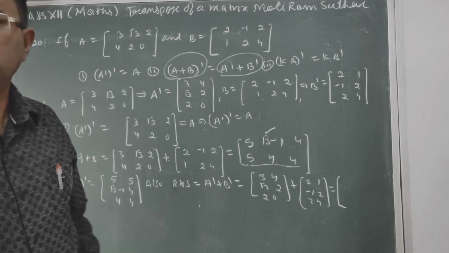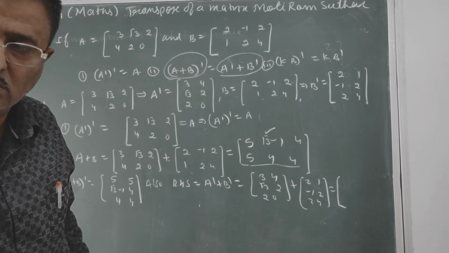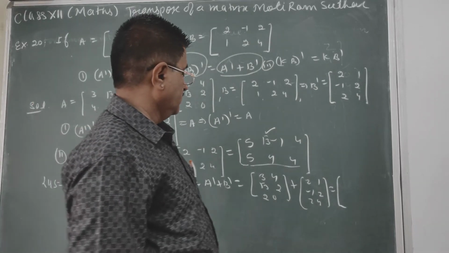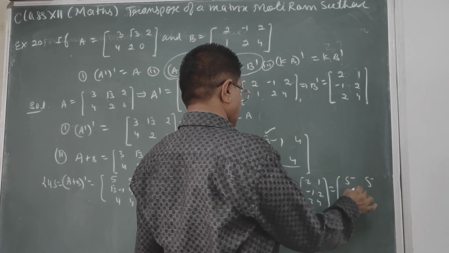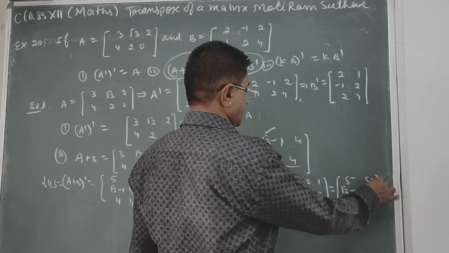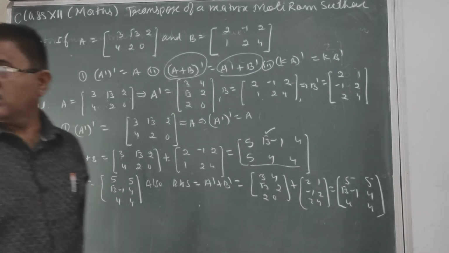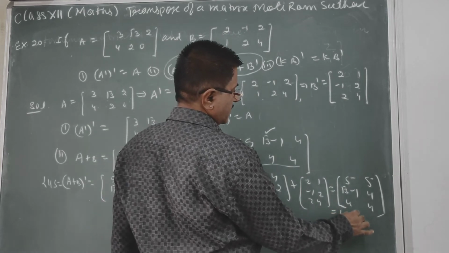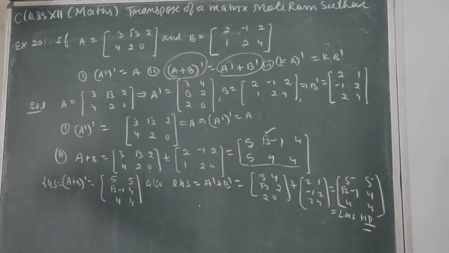Correct? So here 3 plus 2 is 5, 4 plus 1 is 5, root 3 minus 1, 2 plus 2 is 4, 2 plus 2 is 4, 0 plus 4 is 4. So this is equal to the left hand side. Clear? So in this way we can prove the part. Correct?